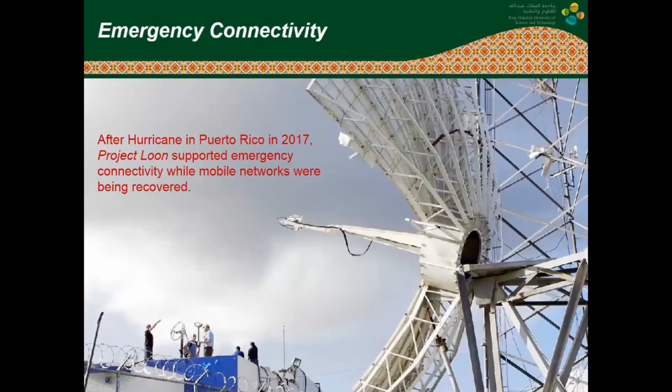Obviously, when we talk about connecting the unconnected, or this digital divide problem, we are also, as a byproduct, talking about emergency connectivity. For example, in pandemic situations like we are experiencing now, people may end up in areas where they were not supposed to be, living in rural or residential areas and working from home.